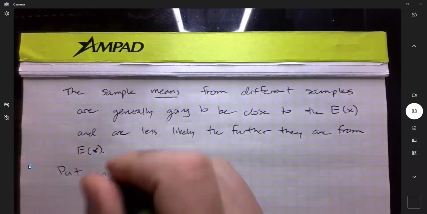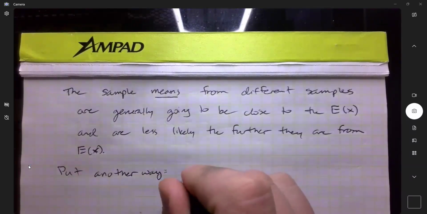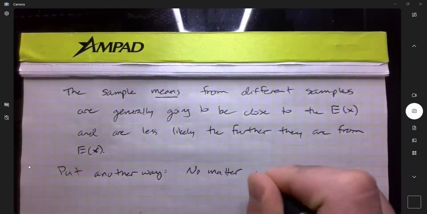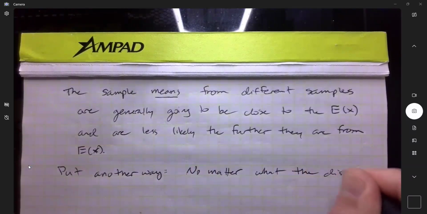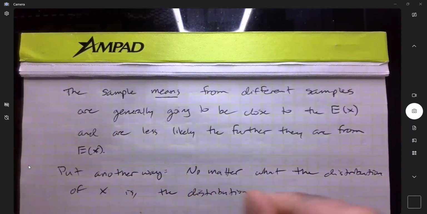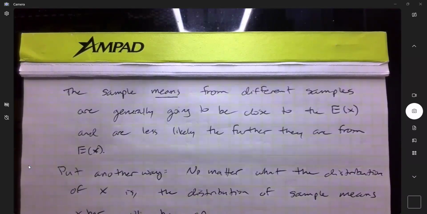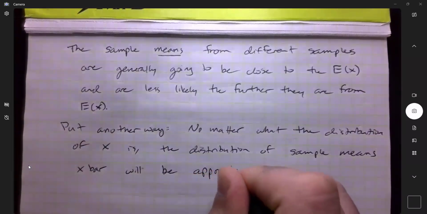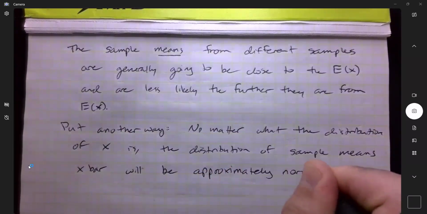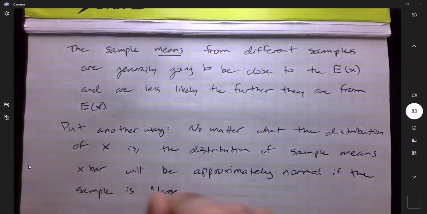Put another way, and this is the mathematical way, no matter what the distribution of the random variable x is, the distribution of sample means x bar will be approximately normal if the sample is large enough.